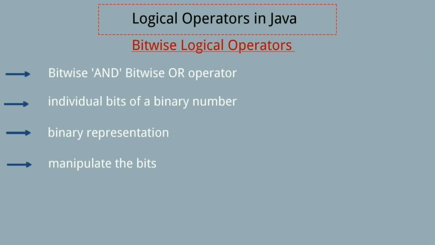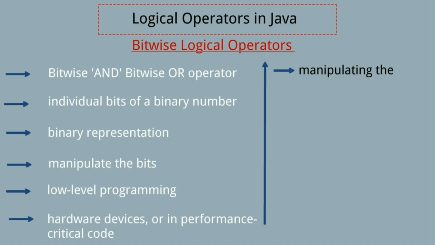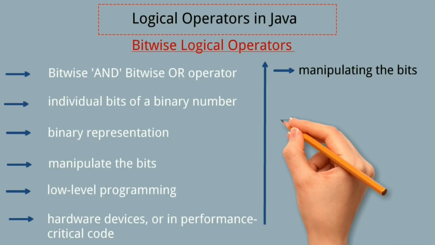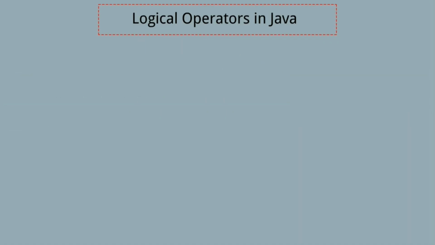Bitwise logical operators are typically used in low-level programming, such as working with hardware devices or in performance-critical code, when manipulating the bits directly can be faster than using the higher-level operators. It's also used in some cases where bit manipulation is needed, such as in encryption and compression algorithms. So we will discuss bitwise logical operators later.